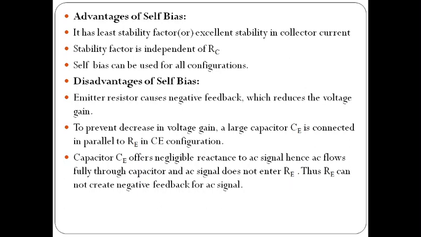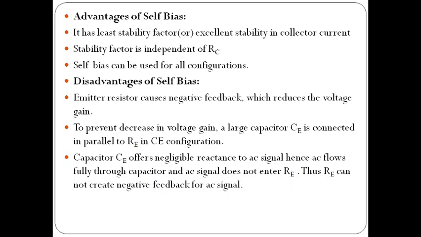This self bias can be used for all configurations. The fixed bias and collector to base bias cannot be used for all configurations; they are applicable only for CE. We cannot apply them to some other configurations.